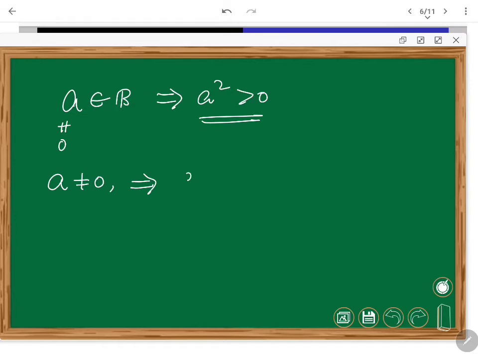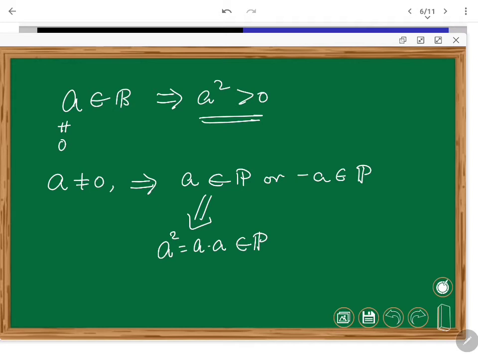This implies by trichotomy that either A is in P or its additive inverse is in P. P means positive real numbers. So just look at both cases. This implies A is in P. Then what happens for A square? A square is A into A. Both are in P. So A square should be in P.